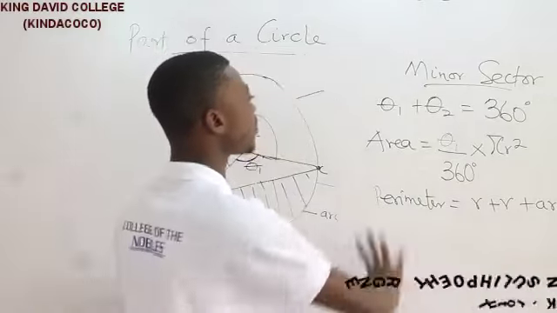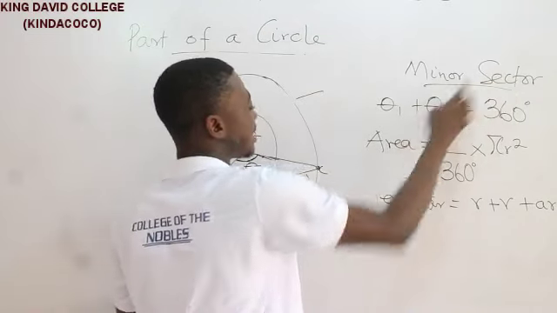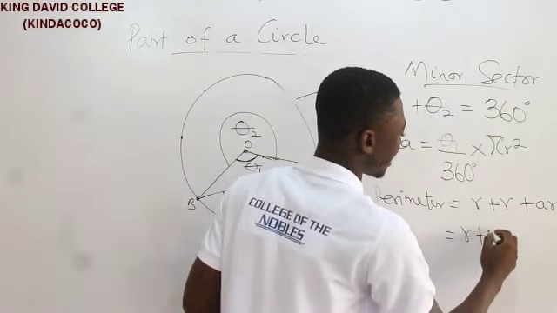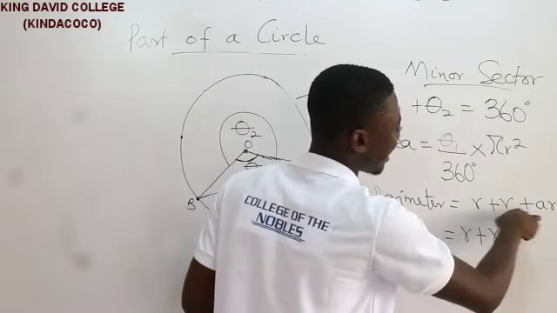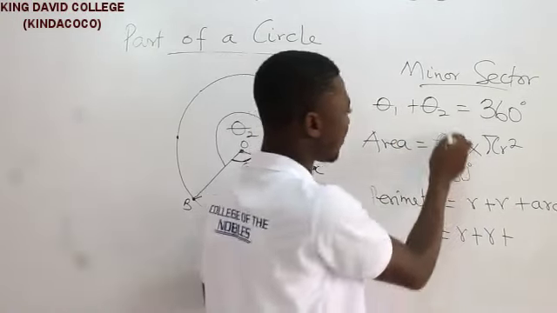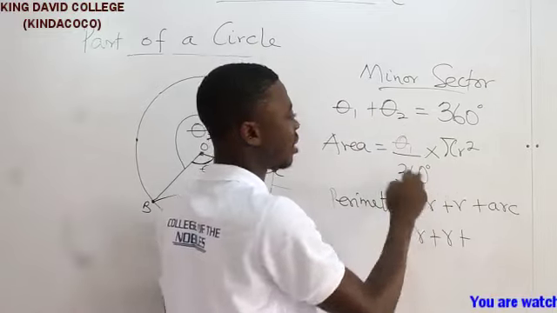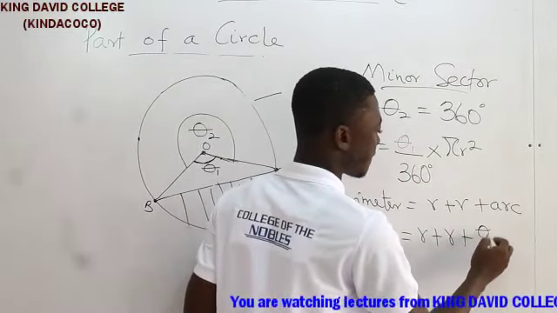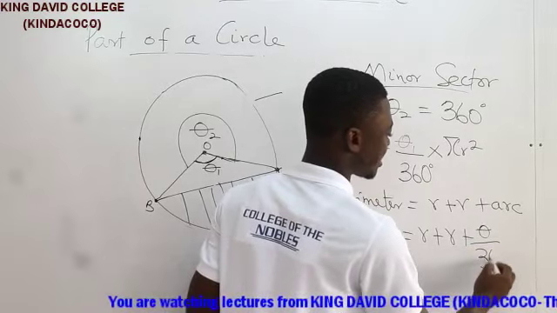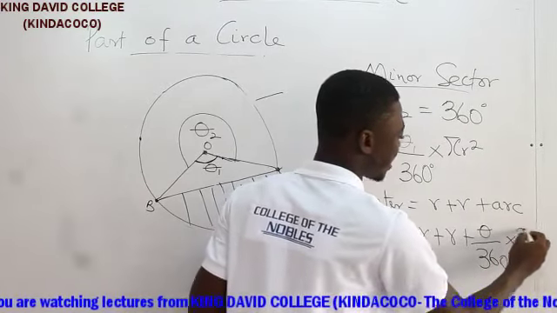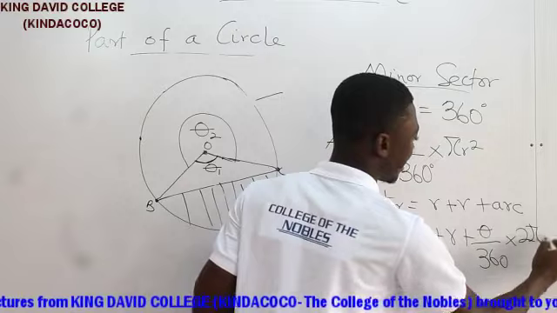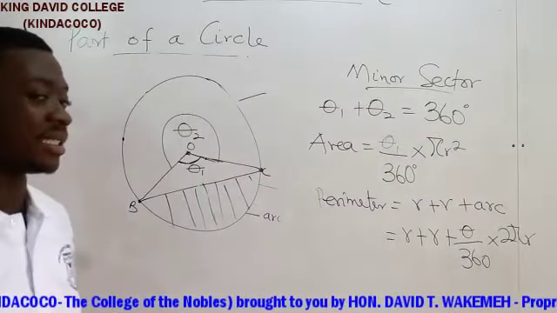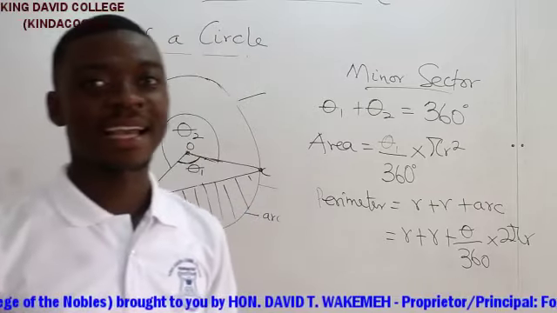So it means that if you want to find the perimeter of what? A sector, it's simply going to be this r plus the other r. Then the arc is giving us the fractional part of the circumference. So theta over 360 times the circumference, 2 pi r.